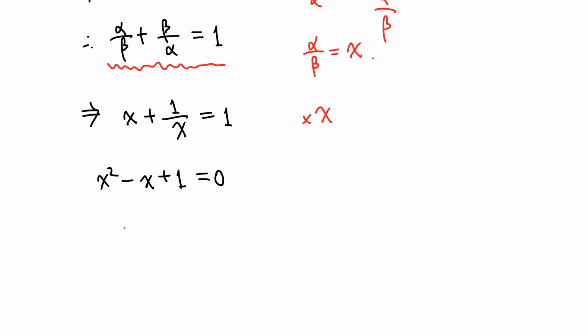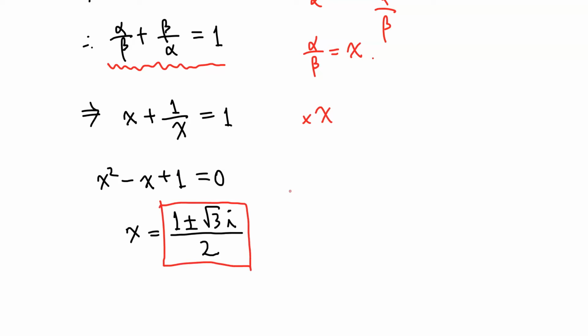If we use the quadratic formula, we have x equals (1 plus or minus square root of 3 i) over 2. And these are the values for alpha over beta.